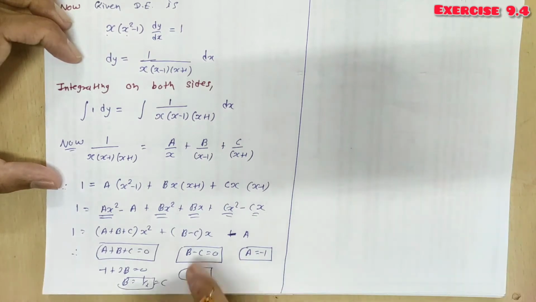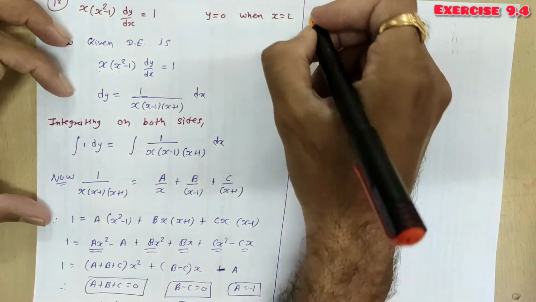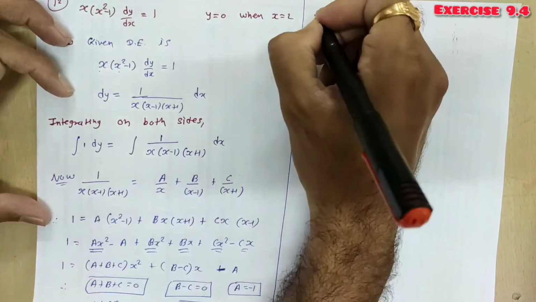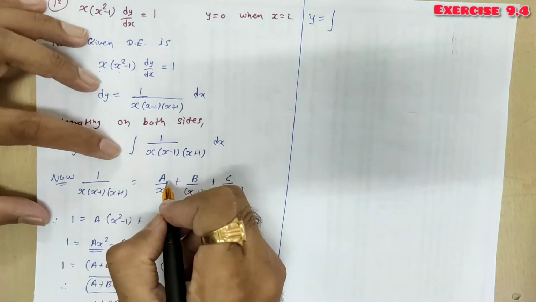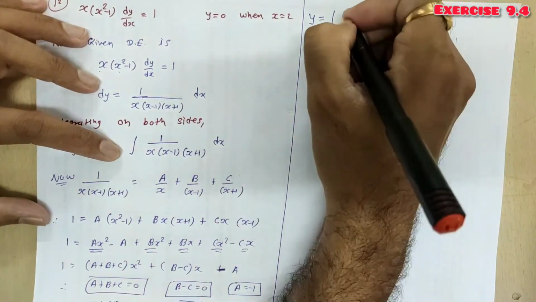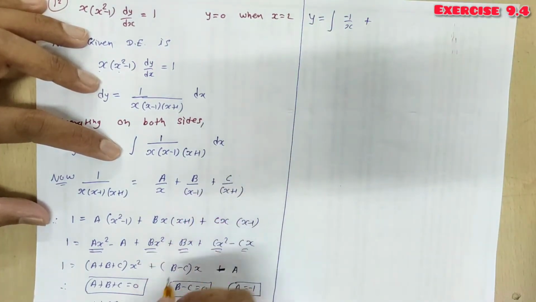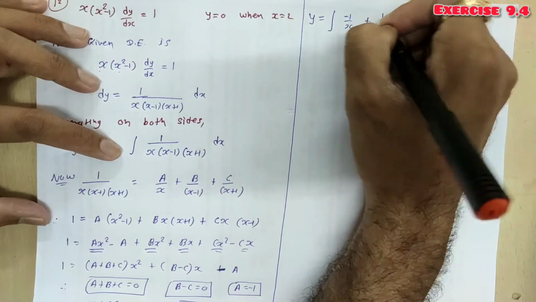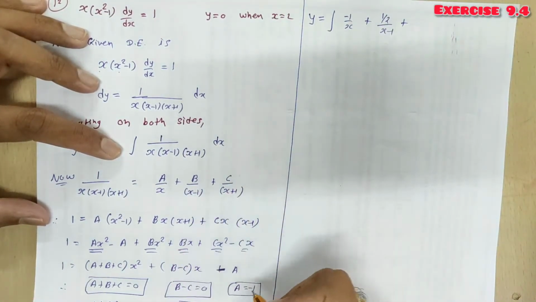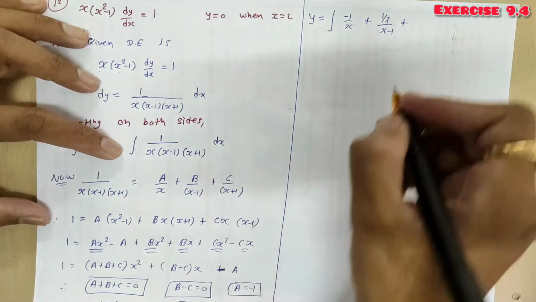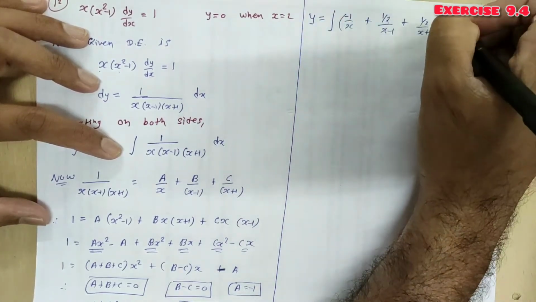So now putting this value in our integrand. So now integration of 1 with respect to y, that is our y. Y equal to integration of a upon x, a is minus 1, that is minus 1 upon x, plus b upon x minus 1, b is 1 by 2, plus c upon x plus 1, our c is also 1 by 2, so it's 1 by 2 upon x plus 1 dx.